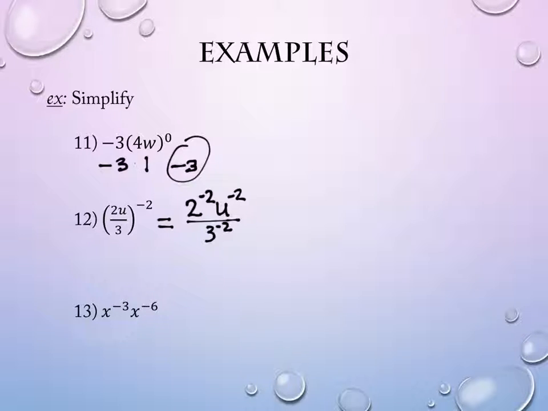Switch denominators. So if it's in the numerator, it's going to switch to the denominator, and if it's in the denominator, it's going to switch to the numerator. So I will now have a 3 squared on top, a 2 squared on bottom, and a u squared on bottom. Okay? What is 3 squared? 9. 2 squared? 4. And then the u squared stays u squared.